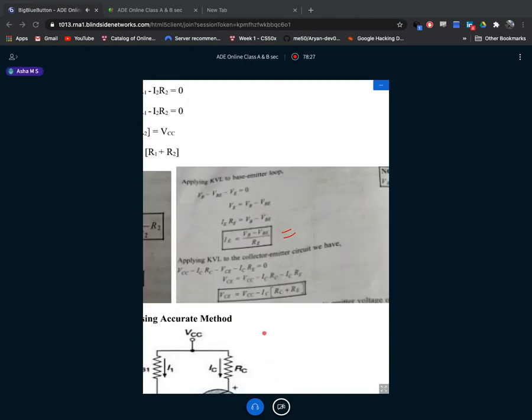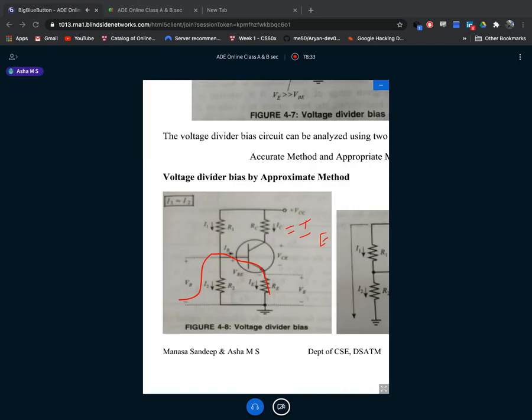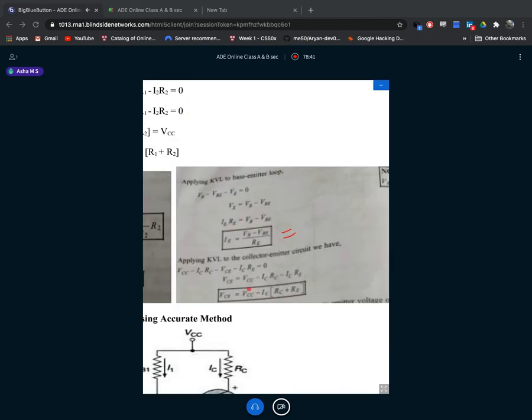For the value of VCE, we are applying KVL to the collector-emitter loop: VCC minus ICRC minus VCE minus IERE. Since here we are considering IE is approximately equal to IC, you can see we have substituted IC in place of IE.